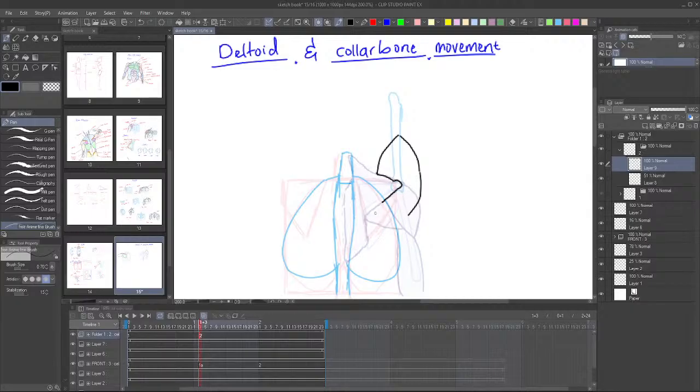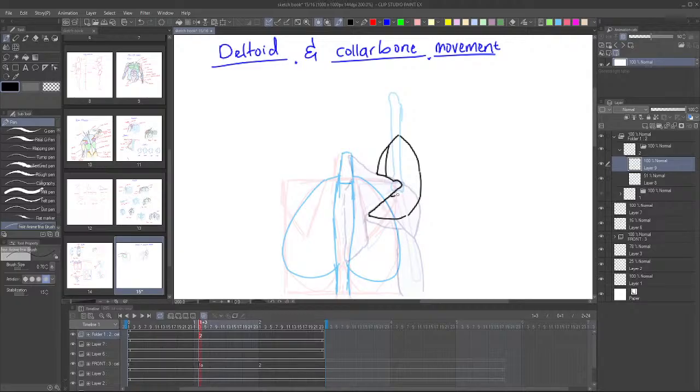So you'll slightly see the front part like that.